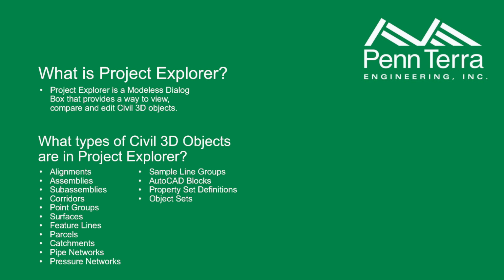So we'll show you what that means here shortly in CAD. And all of these civil 3D objects are available to be compared, viewed, and edited within the Project Explorer.